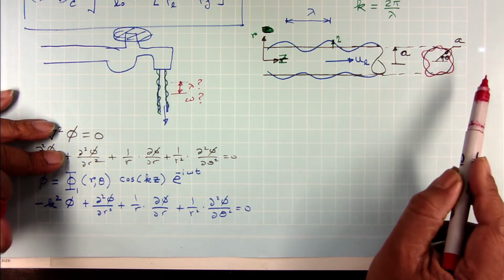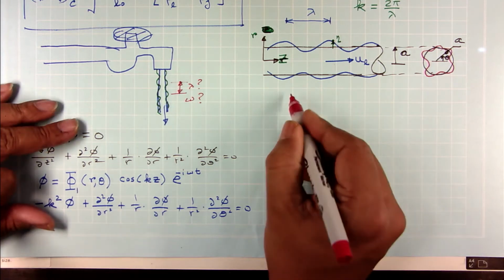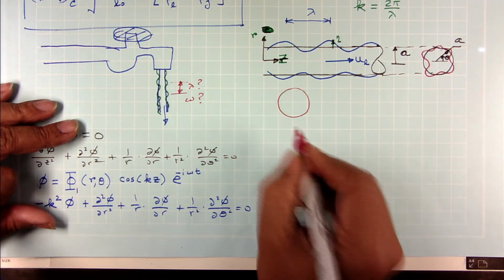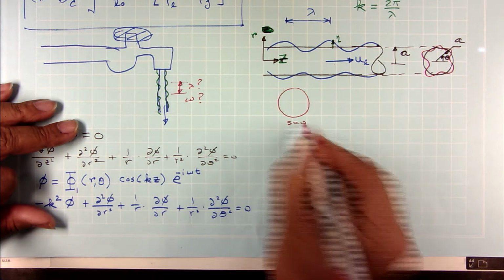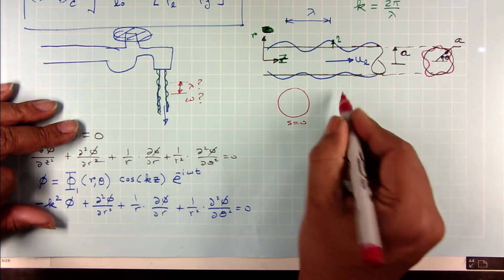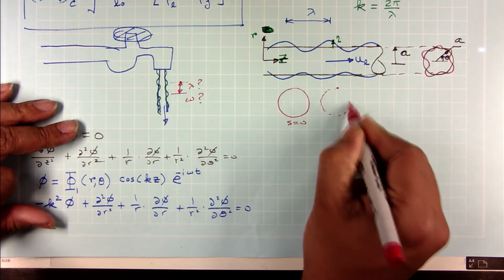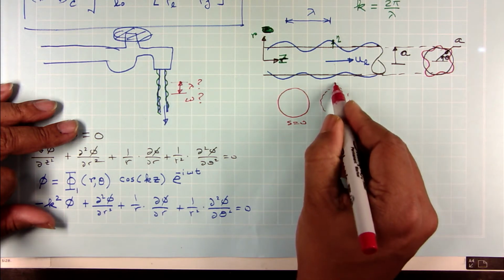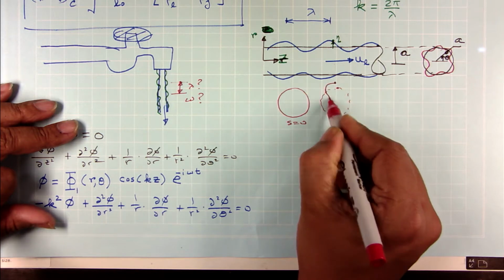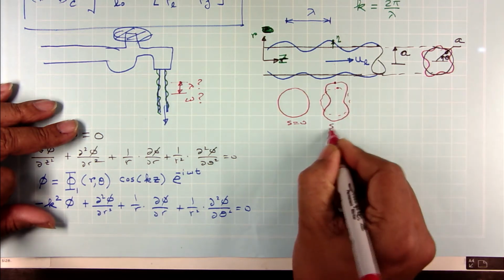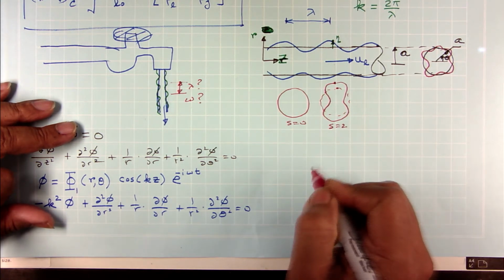Similarly, if I have a perfect cylinder, s is equal to 0. If I have a shape like this, s is equal to 2, right.